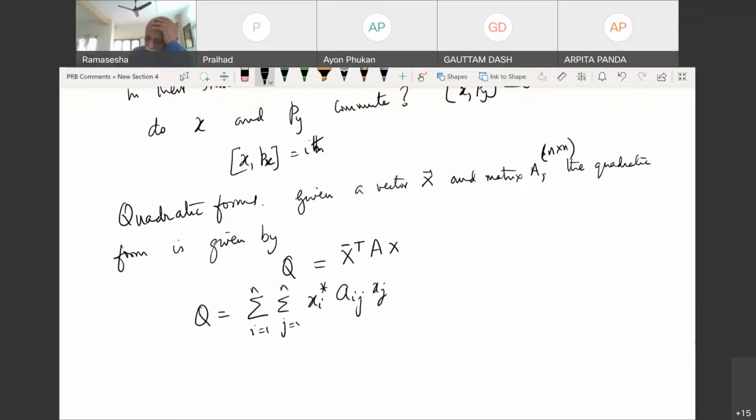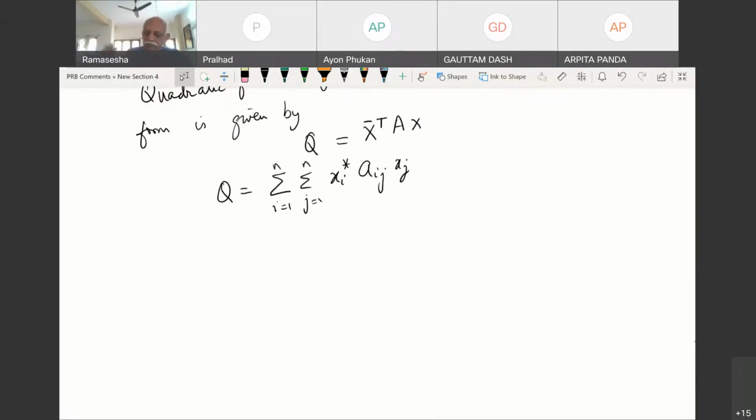And in the quadratic form, there are something called definite forms.